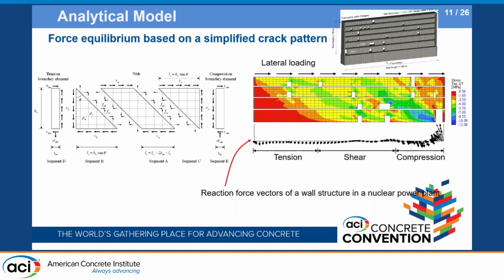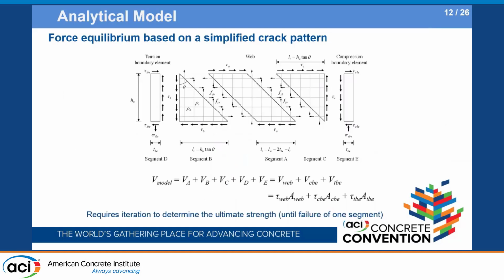When the loading is applied to the right, there's a tension zone almost vertical to the wall, and you have some very horizontal reactions, which is shear, and you have some combined shear-compression reaction forces, which are very similar to the simplified equation. So that's simple, but it's reasonable.